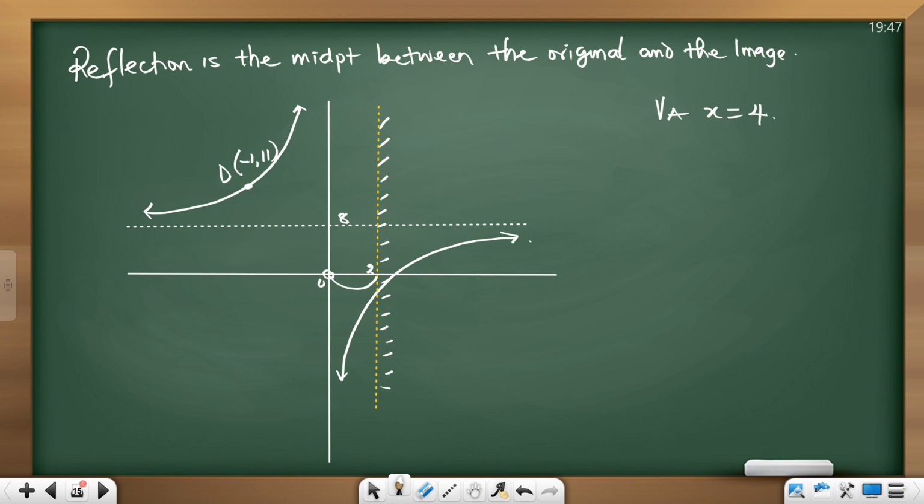Zero before 2 units. Original graph is x equals to what? 0. Where will it be now? X equals to what? 4. So we have turned it. Makes sense? Section is the midpoint.